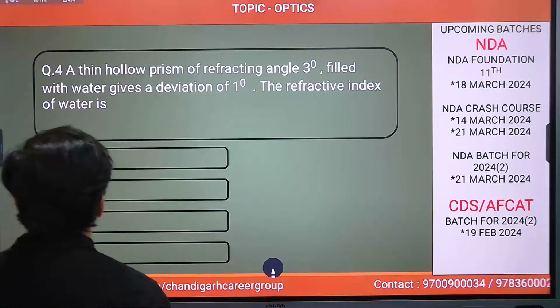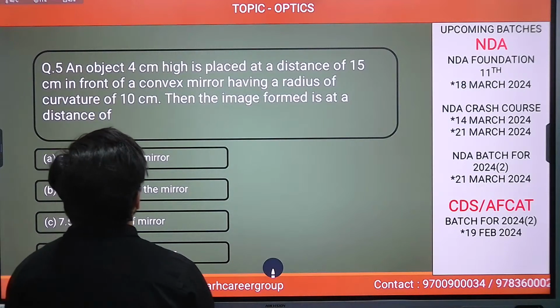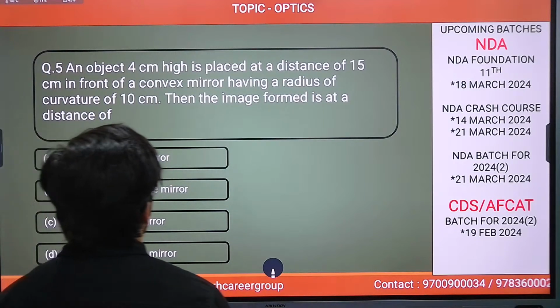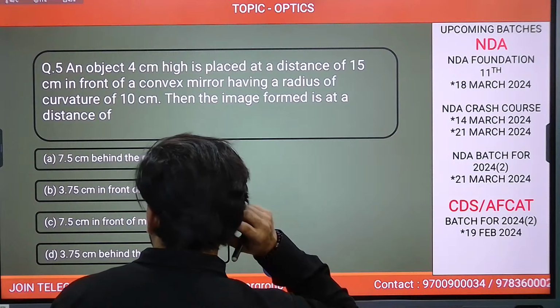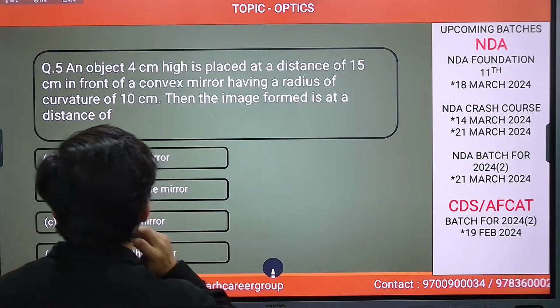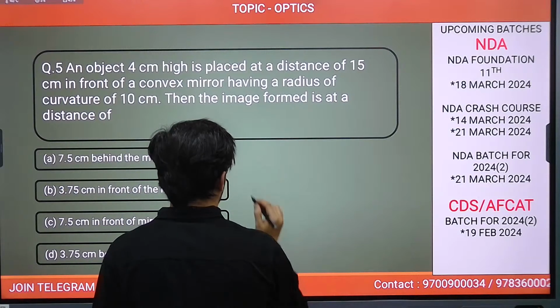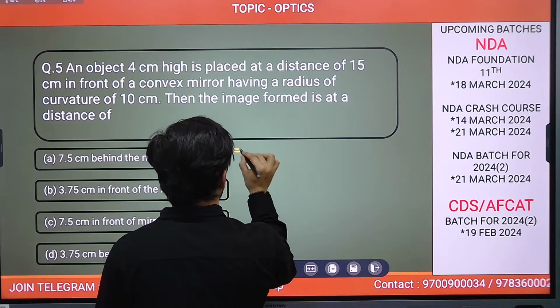Next is an object 4 centimeter high is placed at a distance of 15 centimeter in front of convex mirror having a radius of curvature 10. Then the image formed at a distance. First of all, we have to note down the things which are given to us.